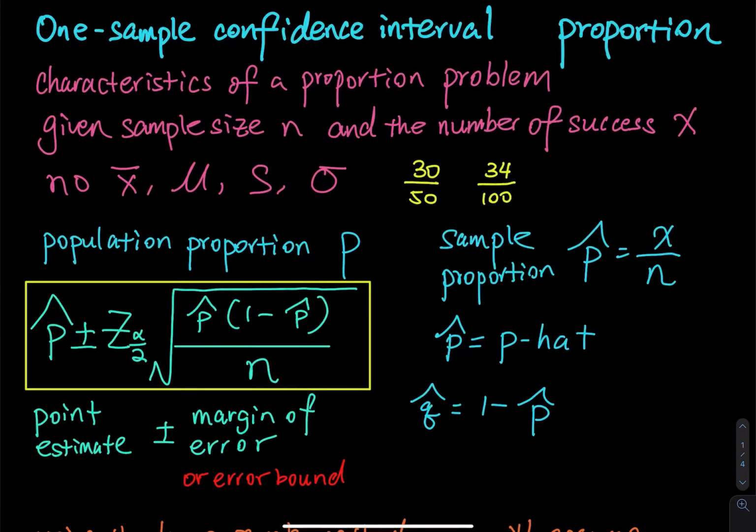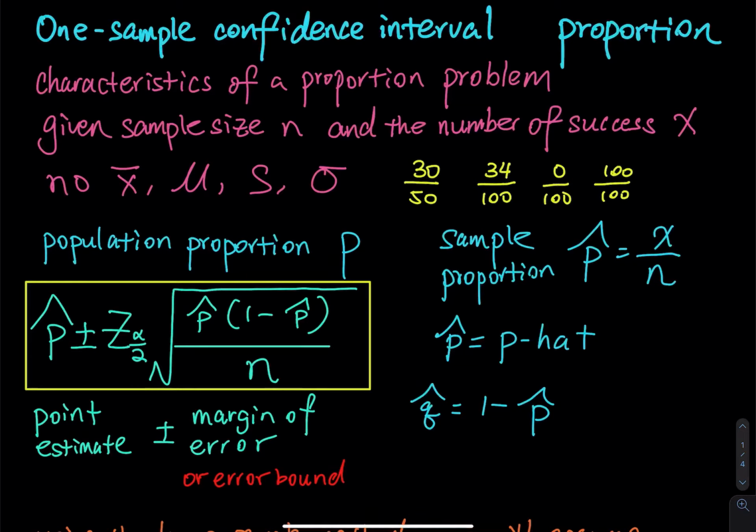So that is another proportion. The smallest proportion you can find is, say you have 100 students in a class and nobody got an A, which is 0. And the highest proportion is 100 divided by 100, which is everybody got an A. So that's how you find a proportion. And then what about Q? For the P and Q, still remember the binomial distribution, where P is the probability of success and Q is the probability of failure.